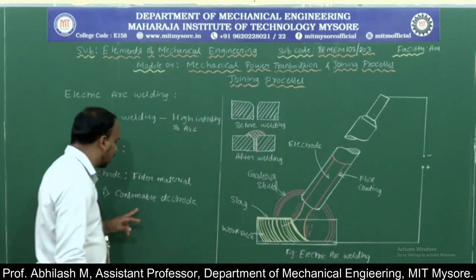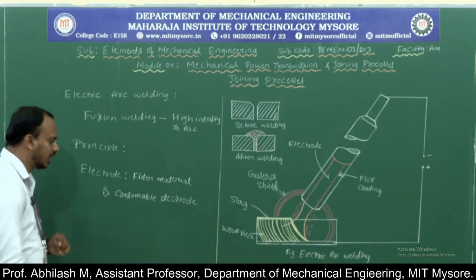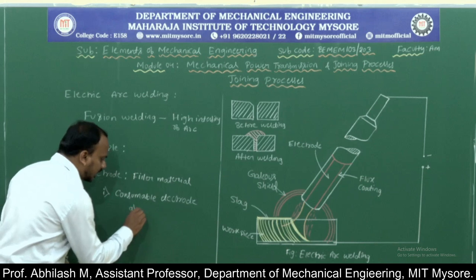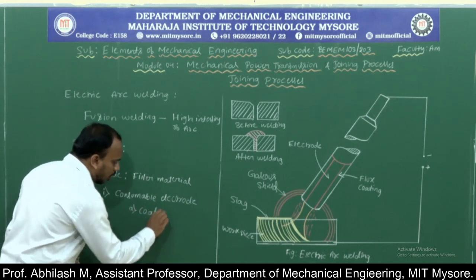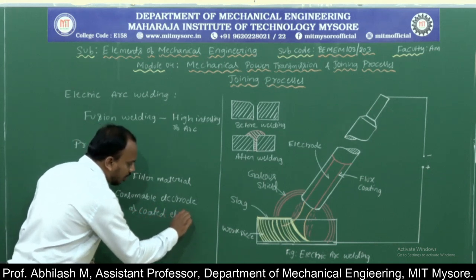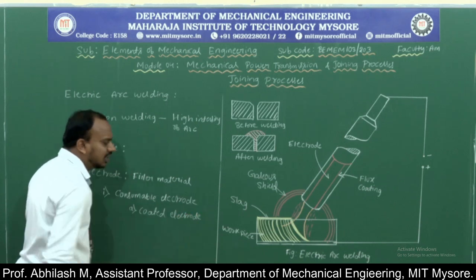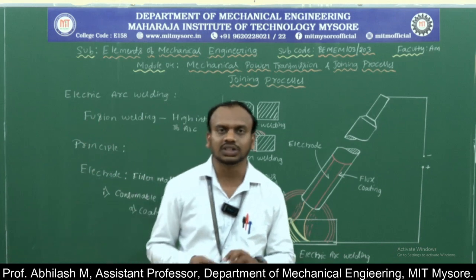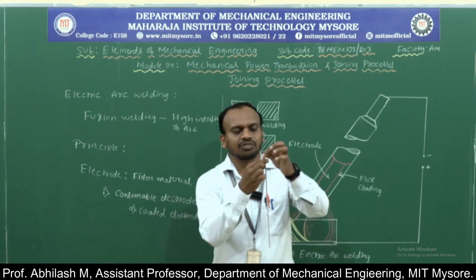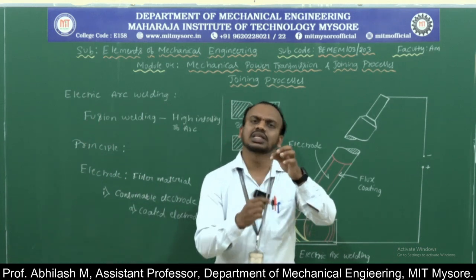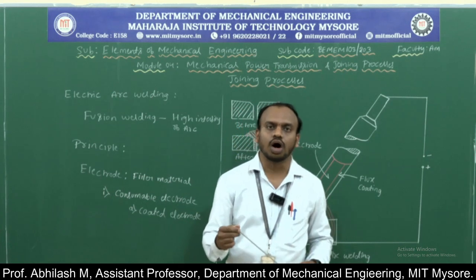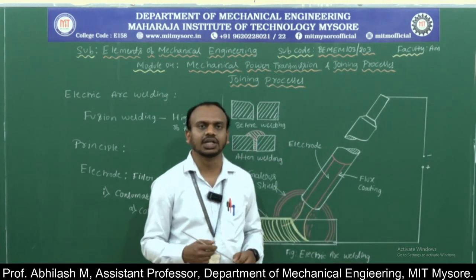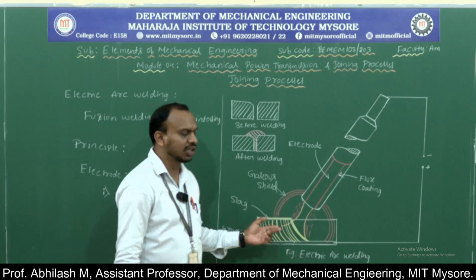Under consumable electrodes, we have two different categories. The first one is called the coated electrode. What is this coated electrode? The consumable electrodes are generally coated with some flux materials. Why is this required? In order to avoid the oxidation that will take place during the process.